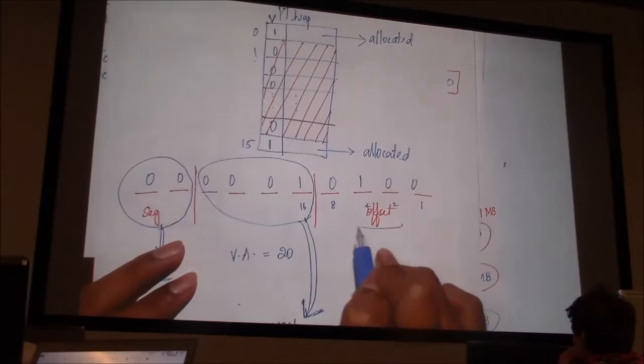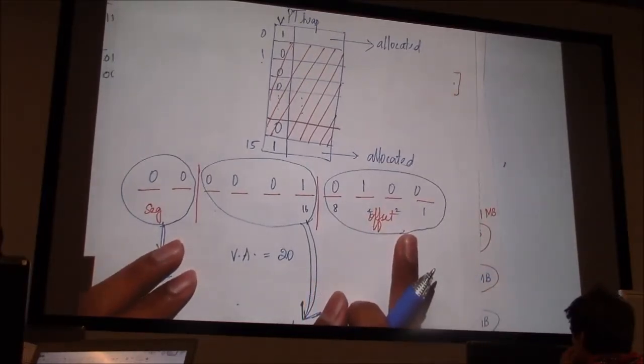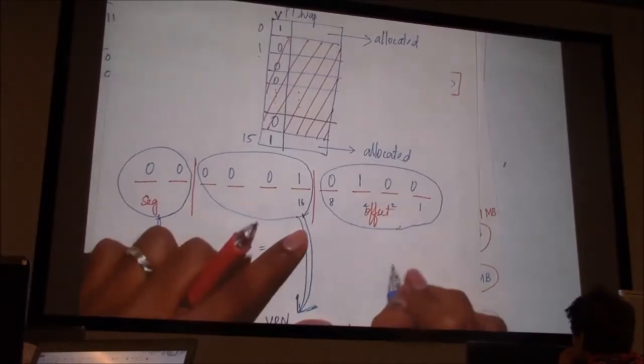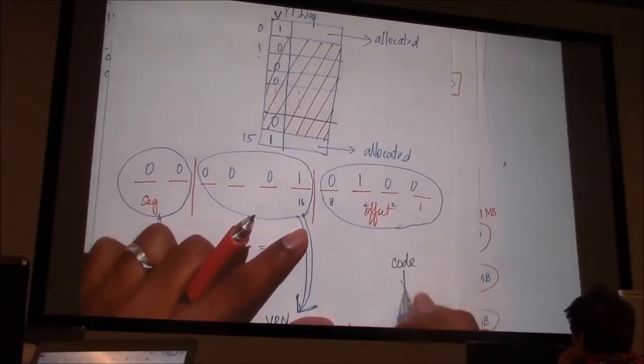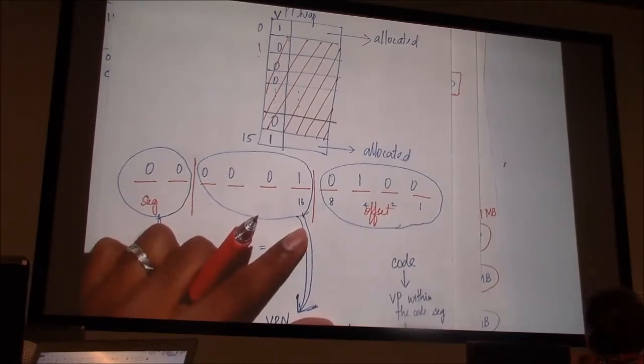This is the offset within that particular virtual page. So offset is just 4. So first thing is go to the code segment, then go to the virtual page within the code segment, and then go to the actual byte or address that you need within the virtual page.